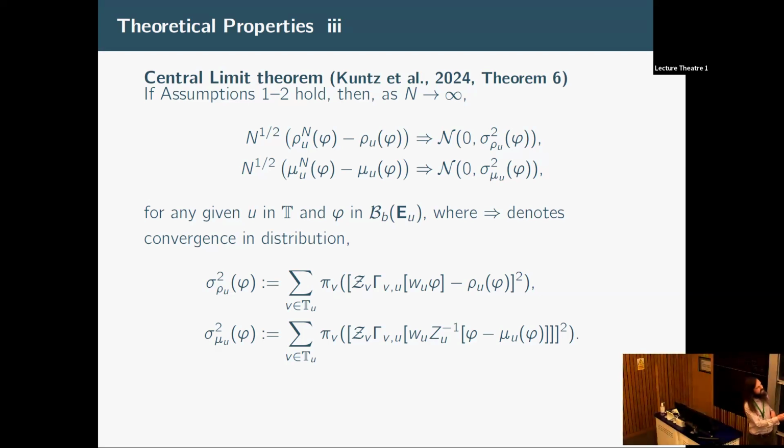That is multiplied by a semi-group like object applied to the reweighting you need to get back to the right target at the end of the test function, and centered around the obvious object there. So this is for the unnormalized target, so that's centered around the unnormalized integral, and you get an analogous expression with slightly different normalization and a centering arising from the usual delta method kind of argument.